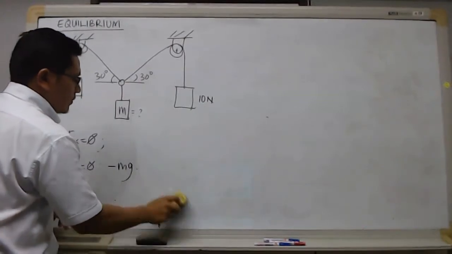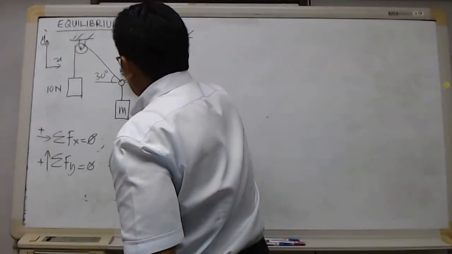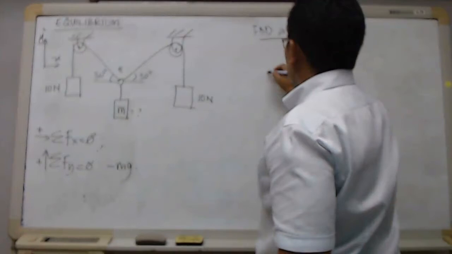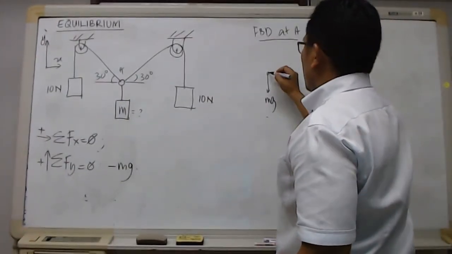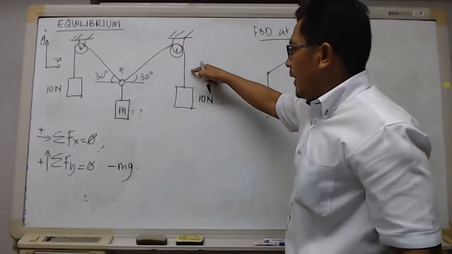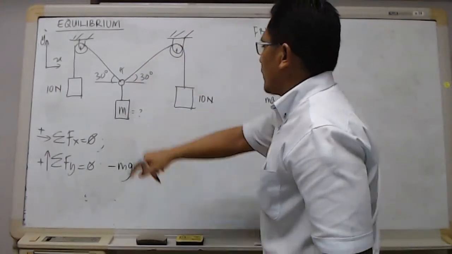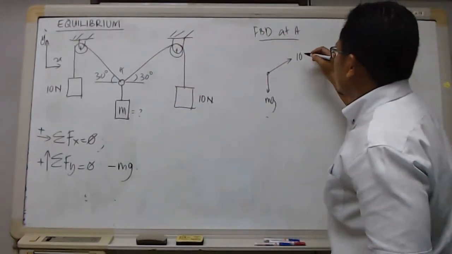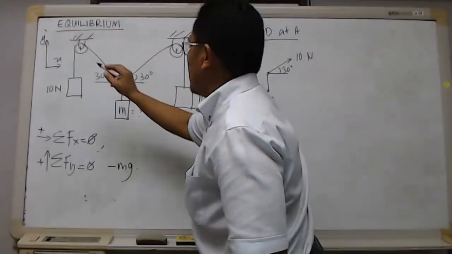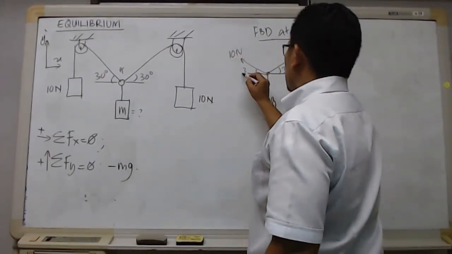If you need to draw the FBD, the FBD of this particular point A, FBD at A, you have that this is the mg and this is the 10 Newton, because the pulley is frictionless, whatever the mass, the weight here is the same all along the cable of the pulley. So this is going to be 10 Newton with the angle of 30 degrees, and the same thing here, having the tension of 10 Newton with the angle of 30 degrees.